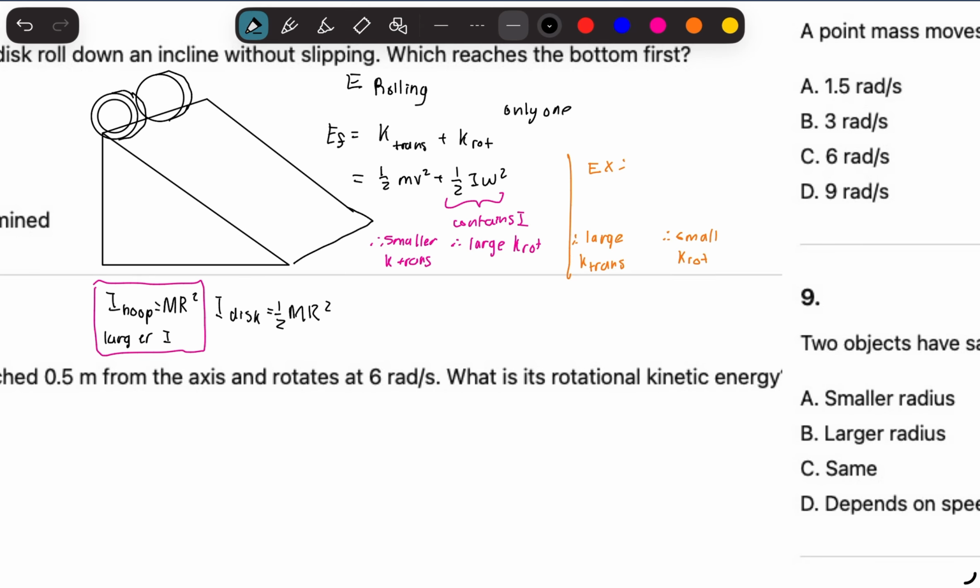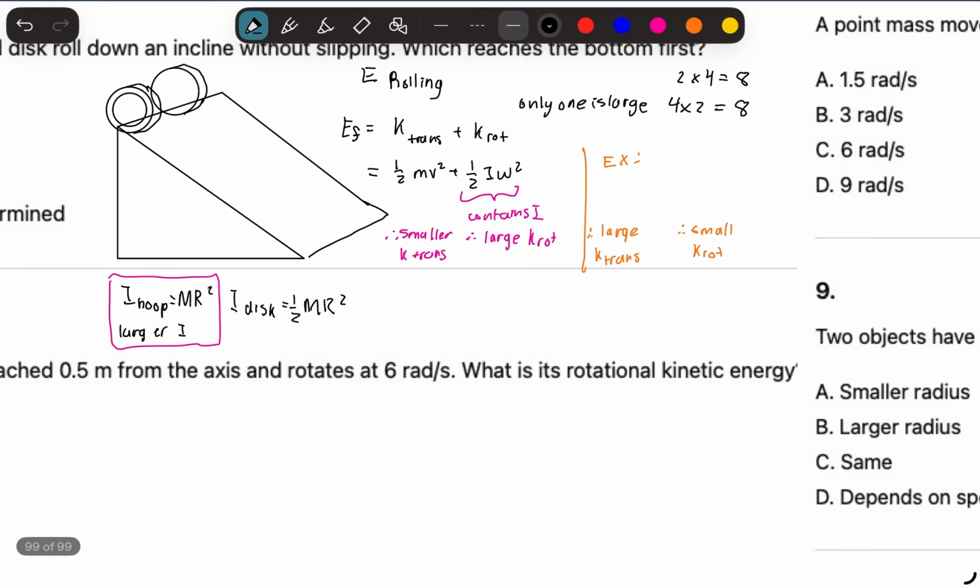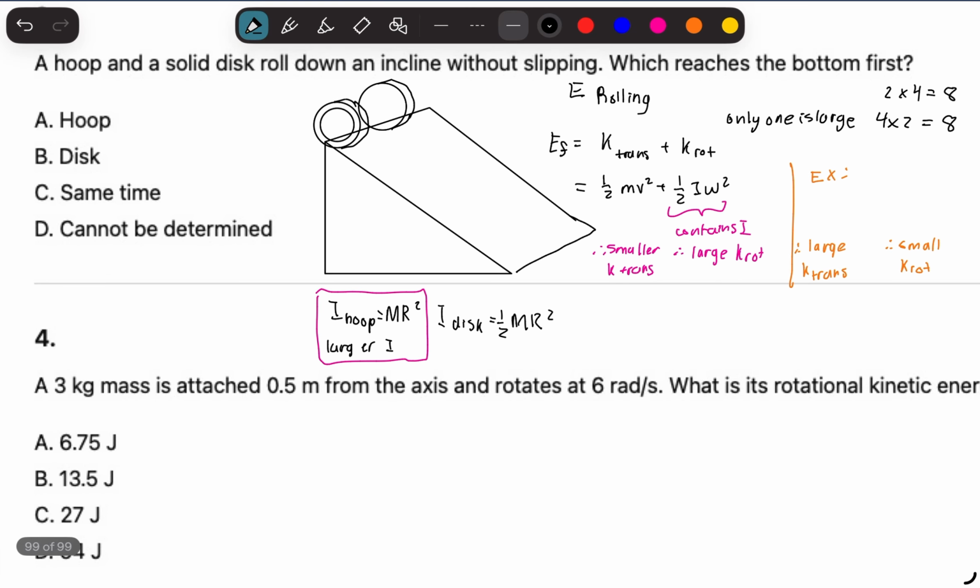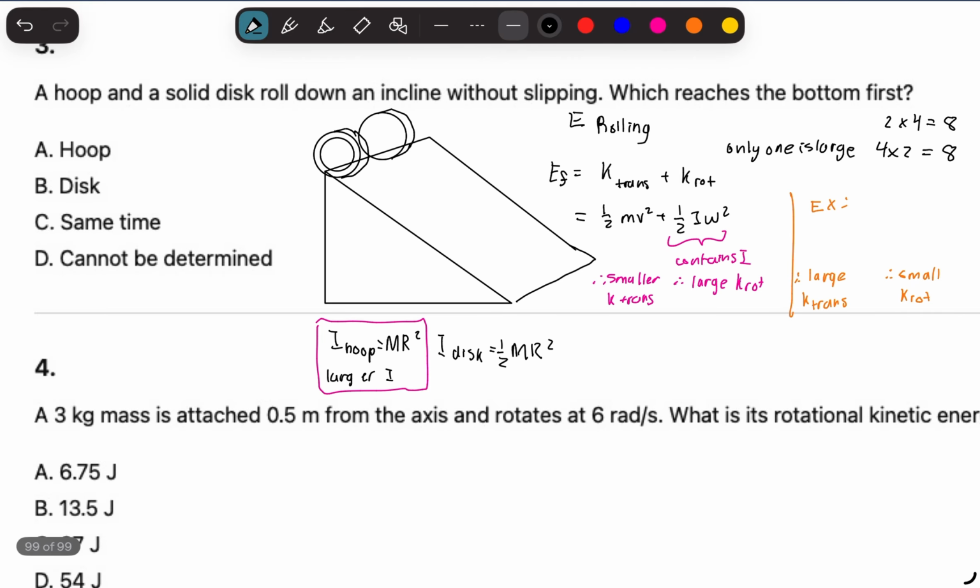Only one is large. Like if you look at 2 times 4 is equal to 8, and you still want to have something equal to 8, but let's change the first number to something larger. You have to decrease the second number. So they both can't be large. One of them has to be smaller if we want to maintain our total energy, because you have conservation of energy.